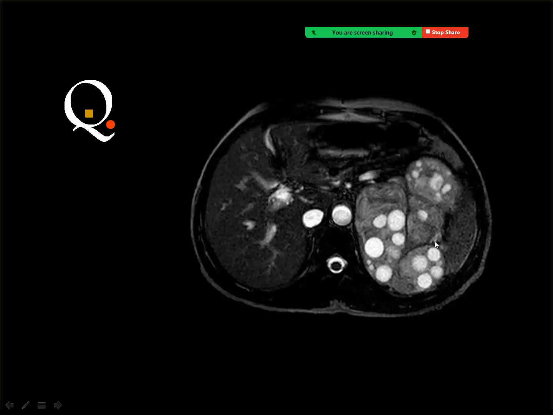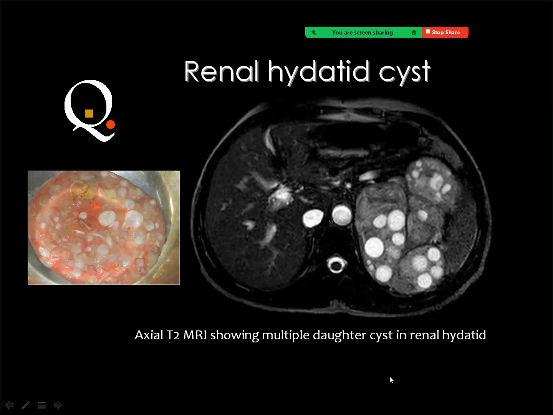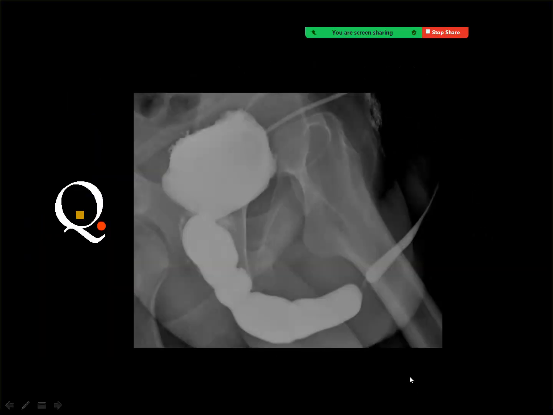You got multiple cysts with internal daughter cysts, which is the classic appearance of the hydatid cyst in the kidney. And this is the gross specimen after surgical removal. And you see the big lesion with internal daughter cysts inside, corresponding to this MR image.